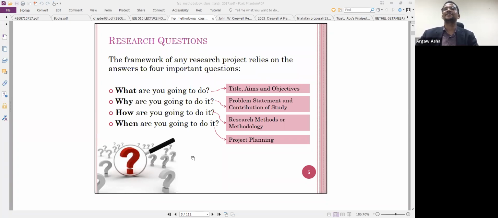So the result starts from the title. Once you define, as I said, okay, collapse of bridge, that's your title. Then the objective is to assess maybe the collapsing mechanisms.